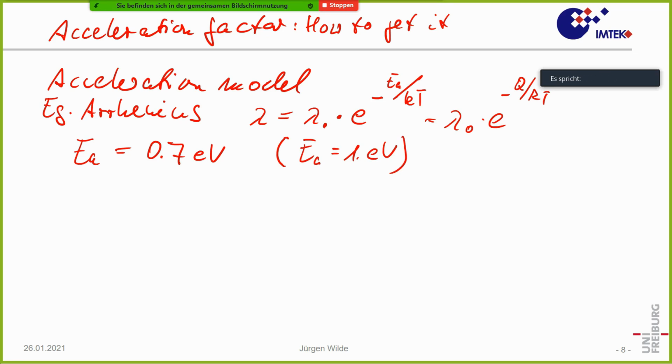When you do a standard acceleration model, you often use an activation energy of 0.7 electron volt or sometimes of 1 electron volt. 1 electron volt doubles the failure rate between 120 degrees and 130 degrees, by the increase of 10 degrees Kelvin or centigrade.